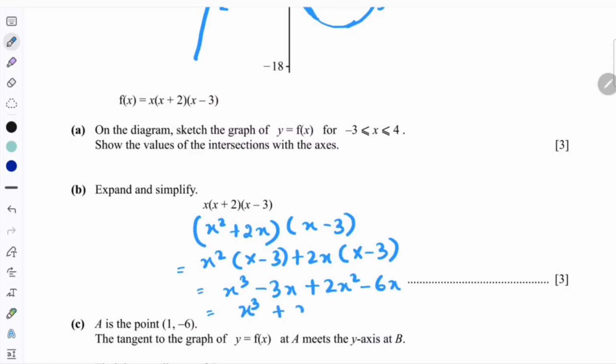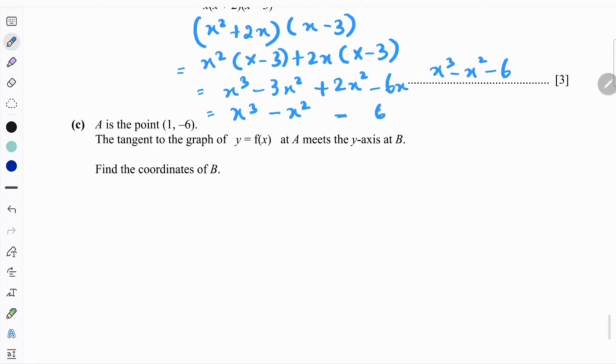Sorry, this is 3x square. Okay, minus 3x square plus 2x square is minus x square, and minus 6x. So x cube minus x square minus 6x is the right answer.